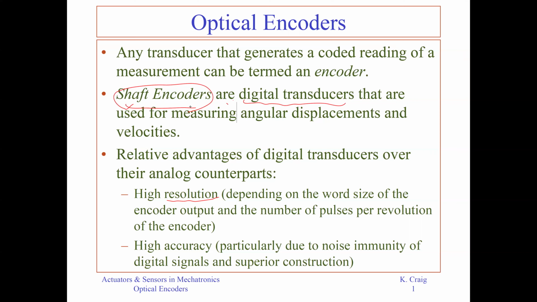When we talk about word size, it's like 4 bits, 8 bits, 16, 32, 64. Usually it can be like 12 bits. So 2 to the power of 12 is what? You have 4096. So you can divide 360 degrees into about 4,000 intervals. That's very accurate.